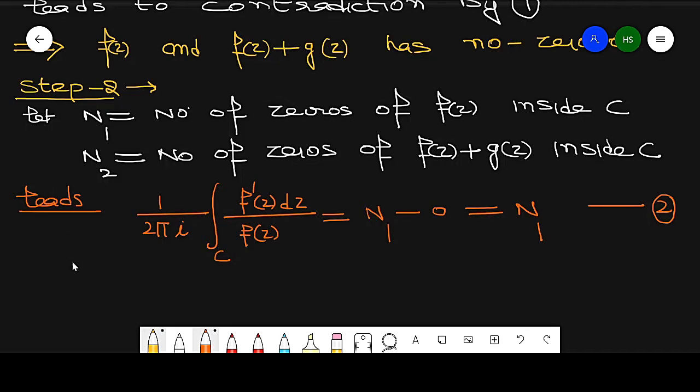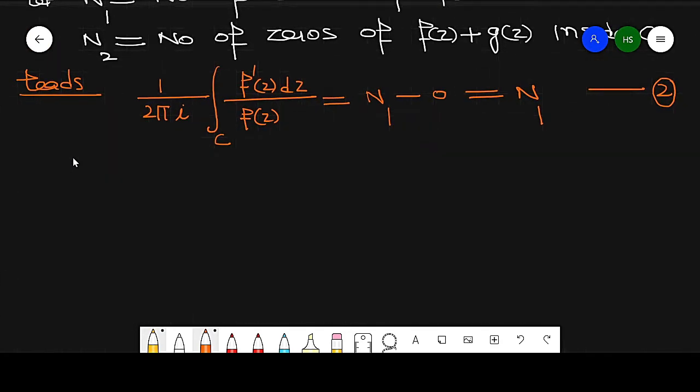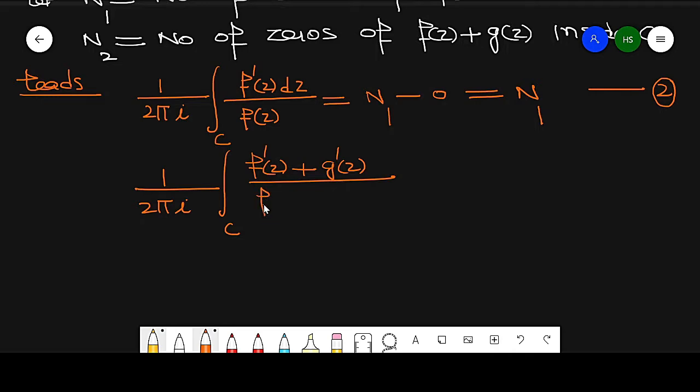Second, the function is f z plus g z. So in that case, this will become 1 by 2 pi iota integration around C of f dash z plus g dash z over f of z plus g of z into dz, which is equal to n2 minus the number of poles, which is 0.